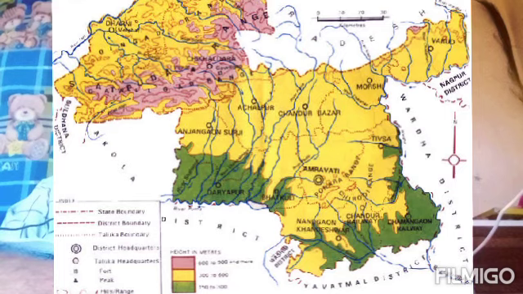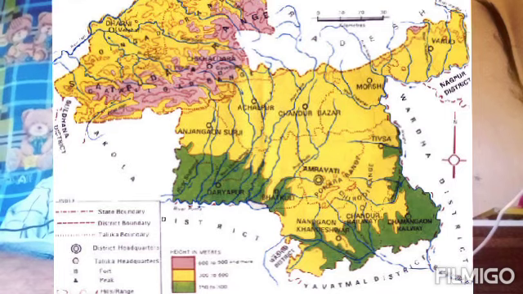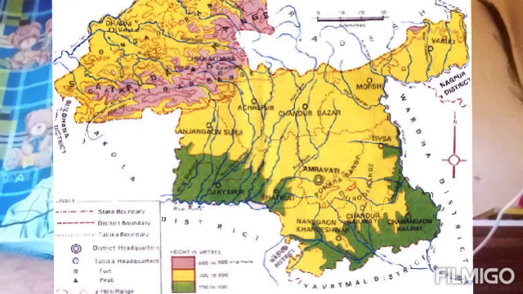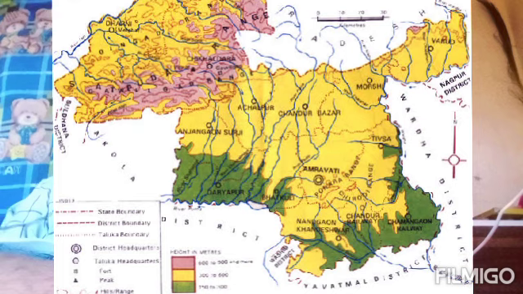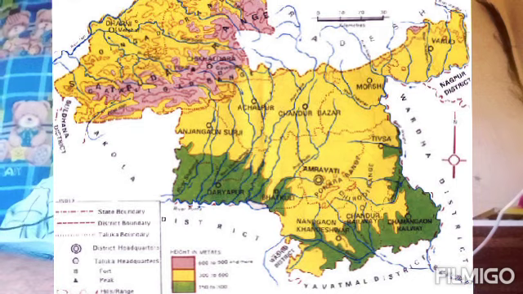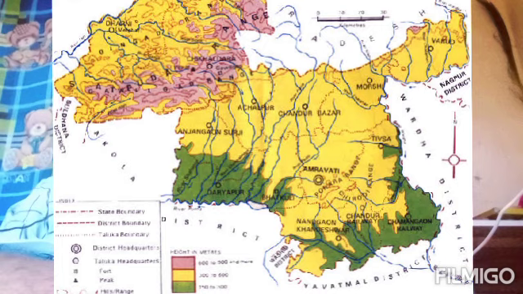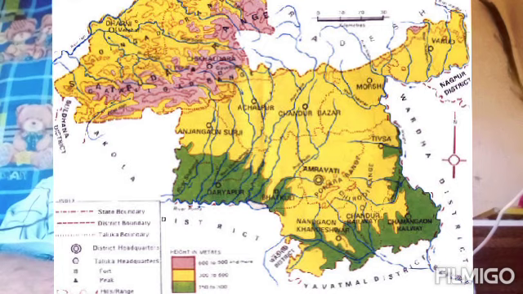Then the physiographical map. Here you can see the plain land with the help of green color. Then high-altitude places like mountains and hills with gray and brown colors. Then blue color is a low-lying area where you'll find water bodies, rivers, lakes, dams, etc.